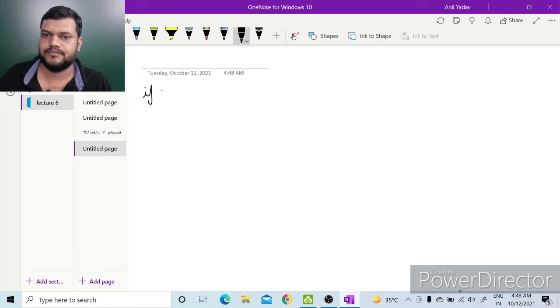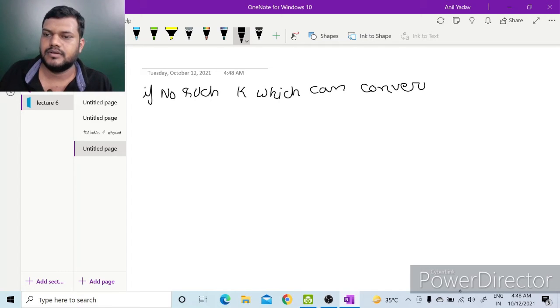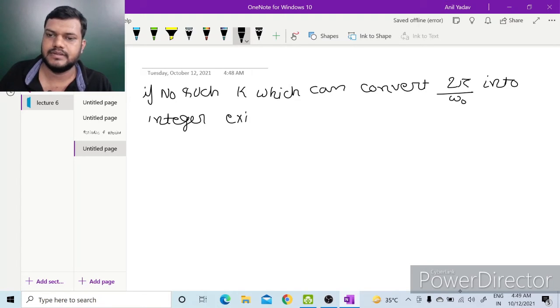If no such k which can convert 2 pi by omega naught into an integer exists, then the signal is aperiodic.